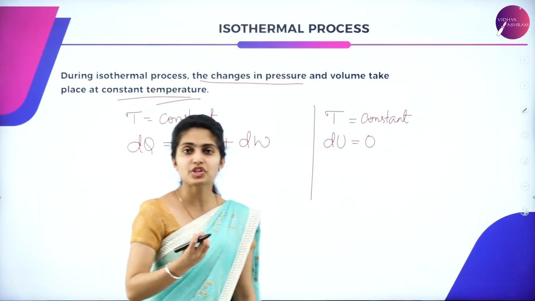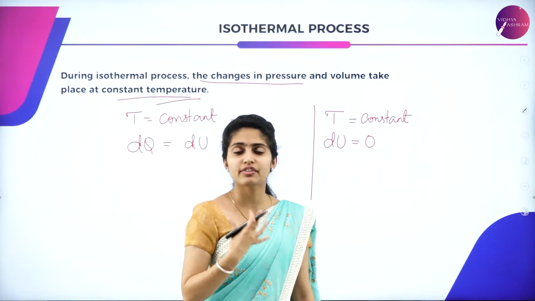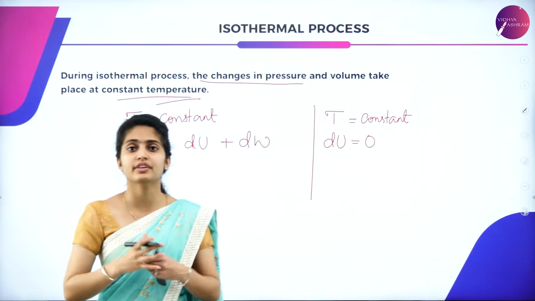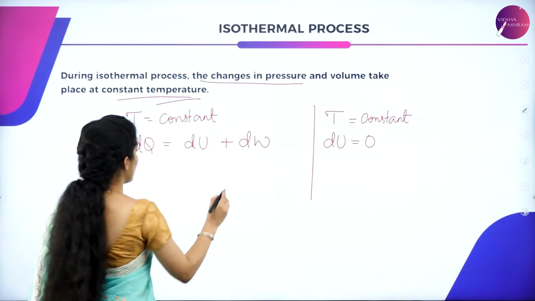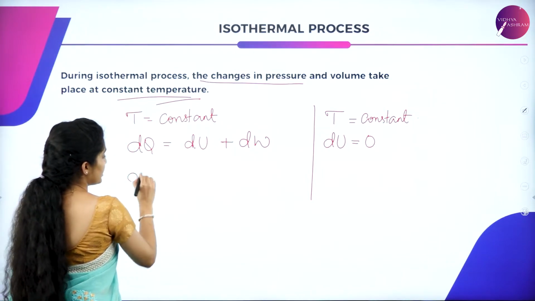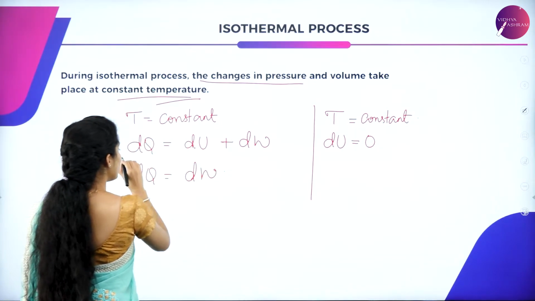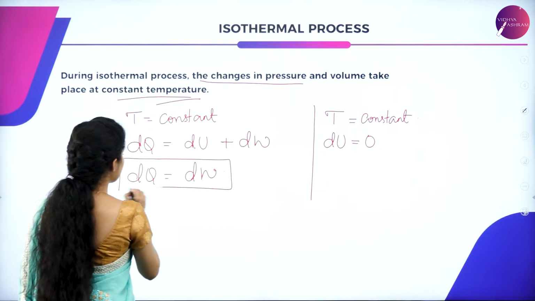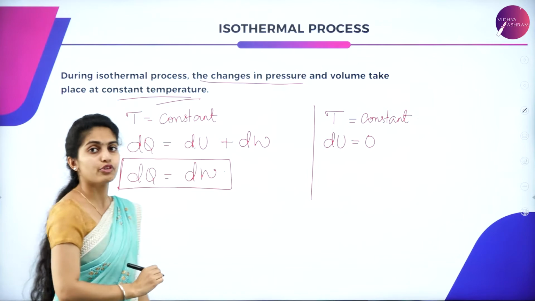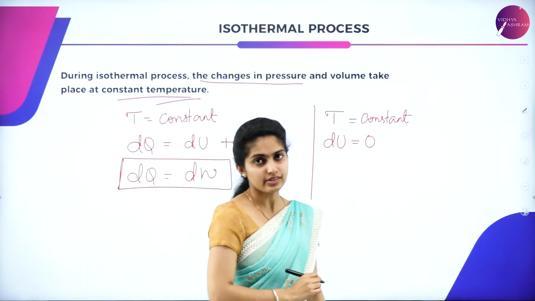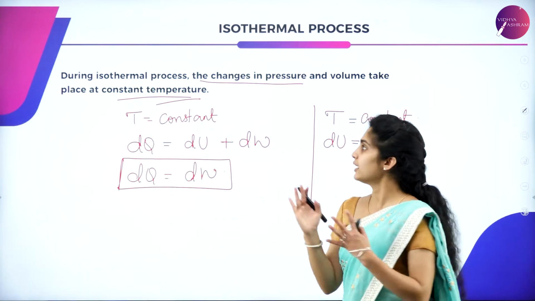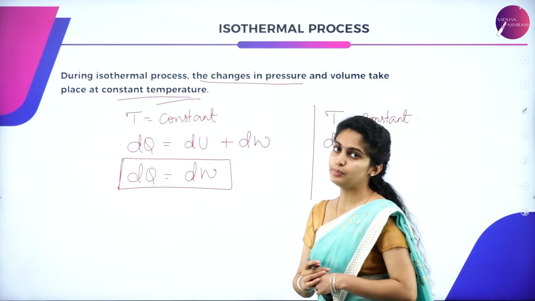If the temperature is constant, there will be no change in internal energy of the system. So du is 0, and we have dq is equal to dw, that is, the amount of heat supplied is completely used for the work done by the system. Clear? That is all about the isothermal process.